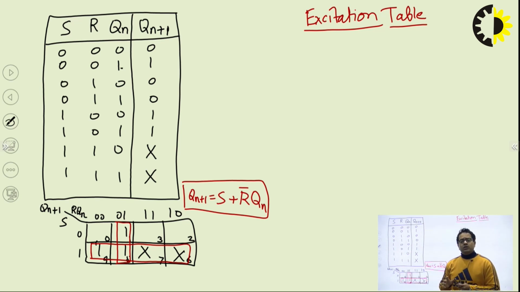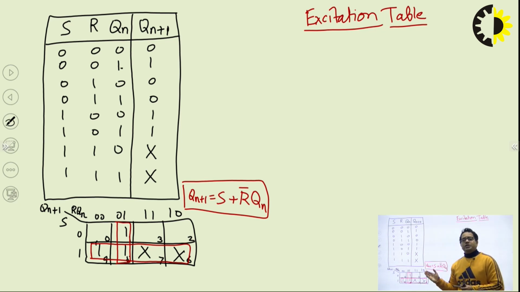So based upon that output, you will try to manipulate the input components so that you can get your desired output. You are going to find the inputs based upon your outputs. So that is the trick that you have to remember.